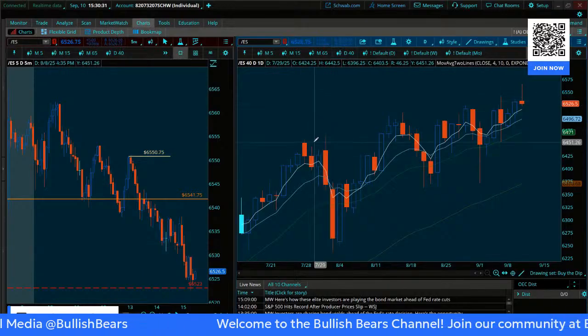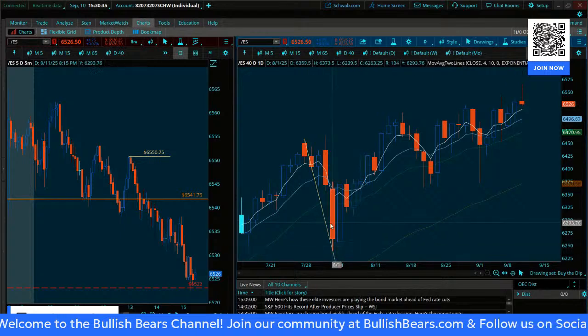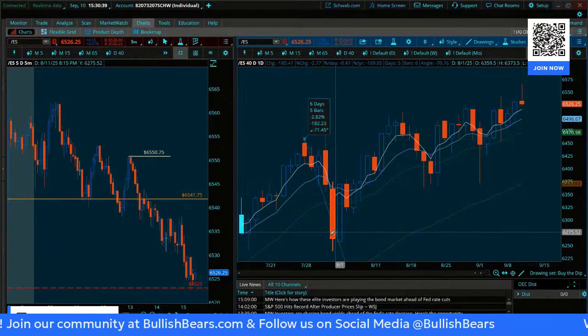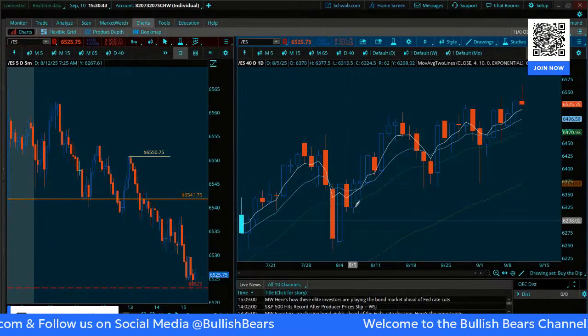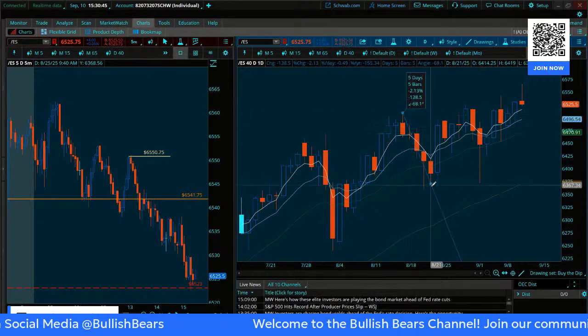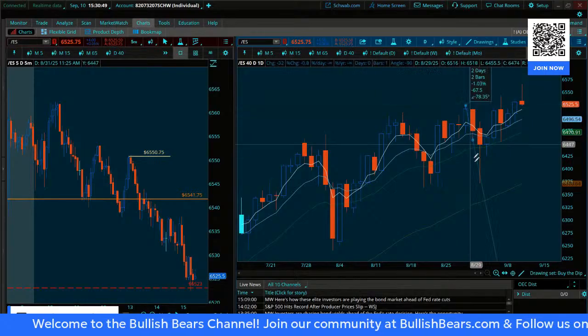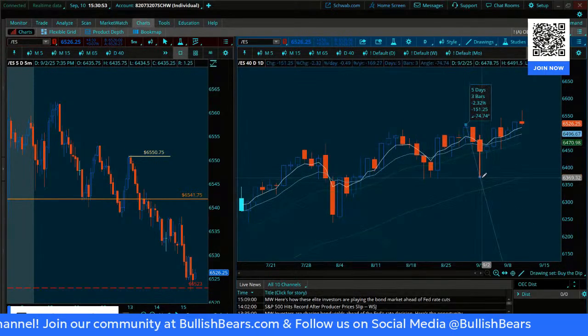Also, the leg down is getting shorter. So this one, I shouldn't have closed that. This is 3.38, and that's 2.2. That's 2.3.